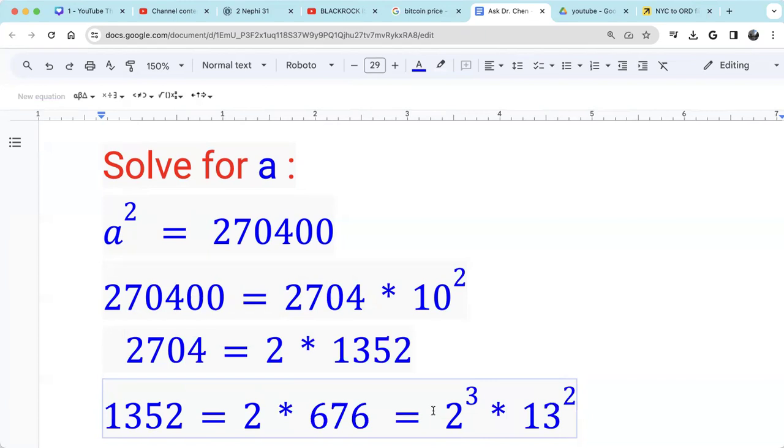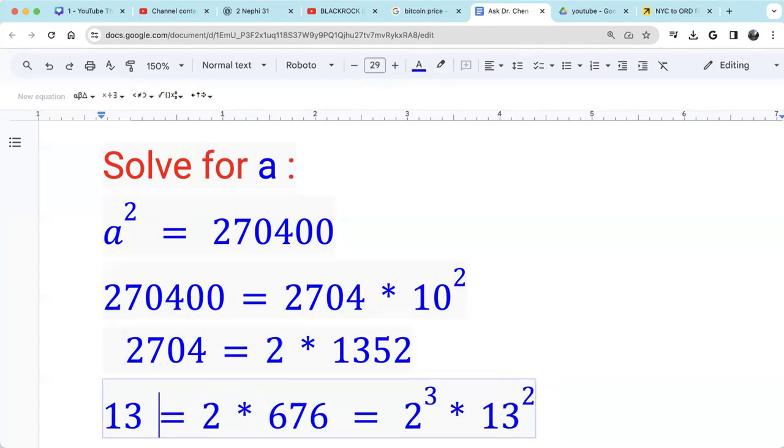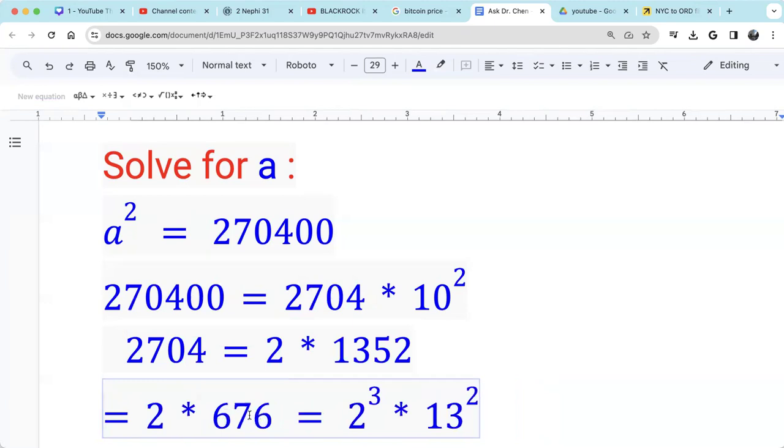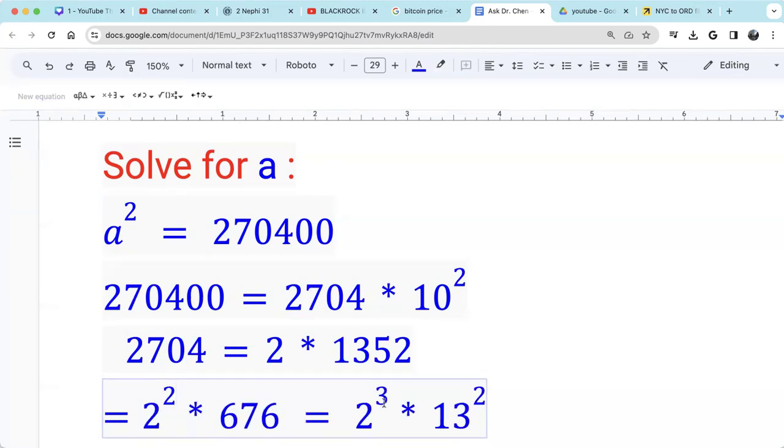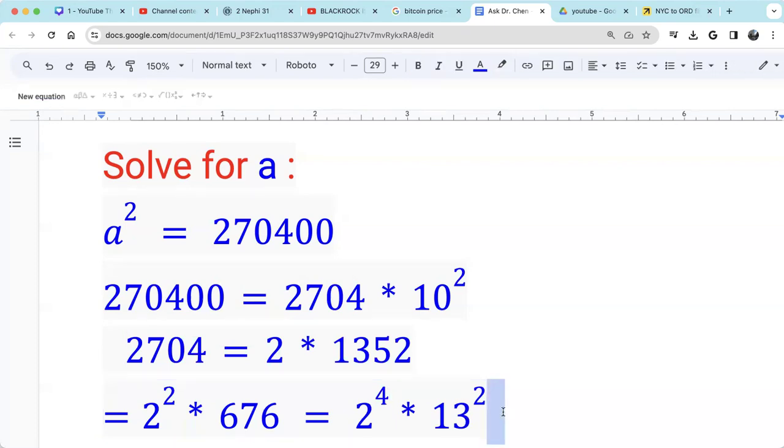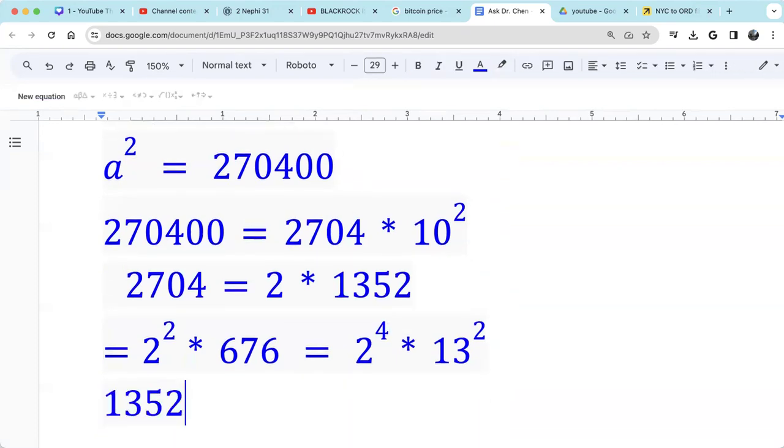Now if we go back, remember here we have 2. So let's just delete this one so it can equal the previous one. So this would be 2 raised to 2, and here would be 2 raised to 4. Right? So now what do we have?